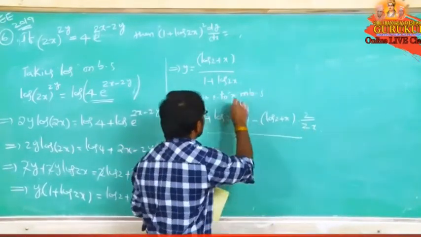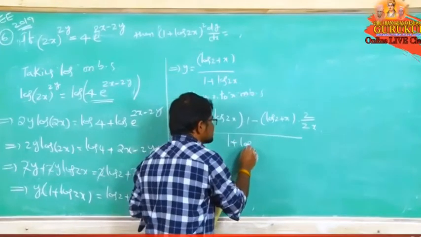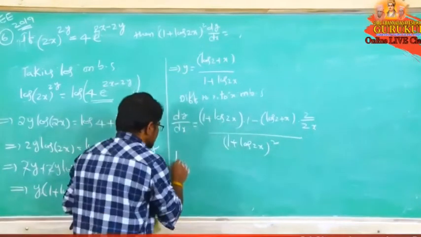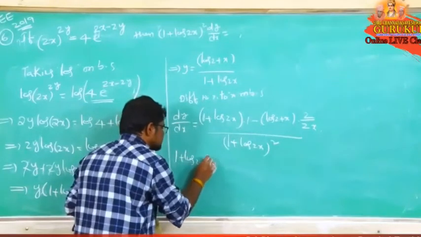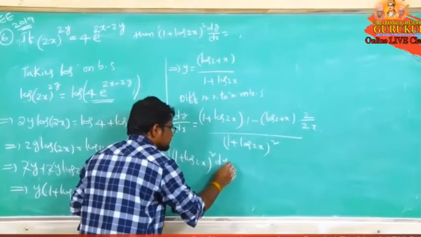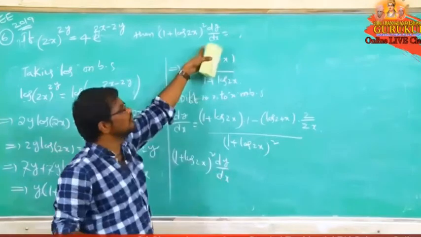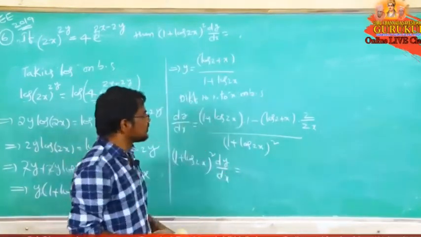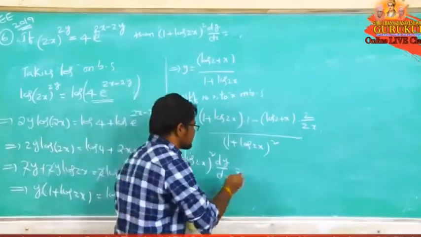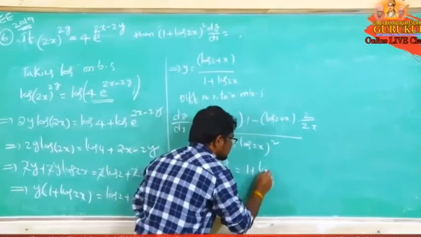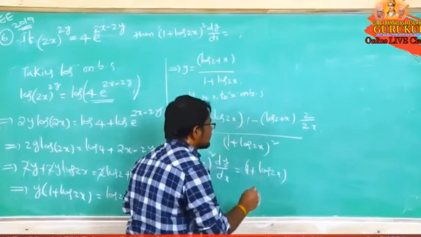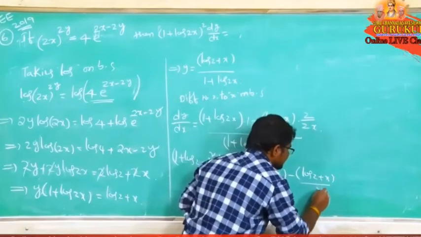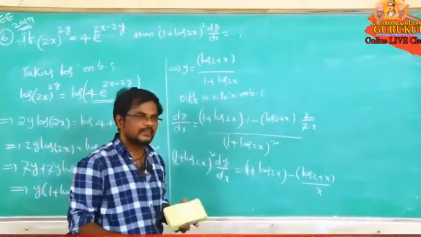Now whole divided by denominator (1 plus log 2x) whole square. Now cross multiplication: (1 plus log 2x) whole square into dy by dx because this value only they are asking. So that implies, here simplification, (1 plus log 2x) minus (log 2 plus x) divided by x, here 2 get cancelled.